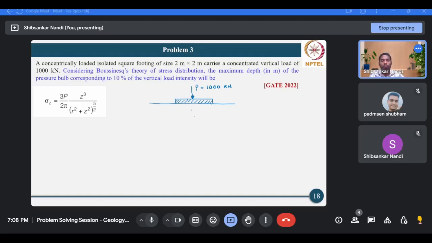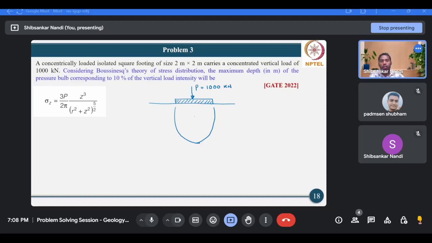Now, in the process of this stress distribution, what will happen? You can draw a series of lines. Suppose this is a line. What is the specialty of this line?